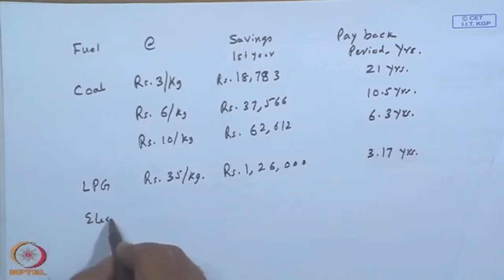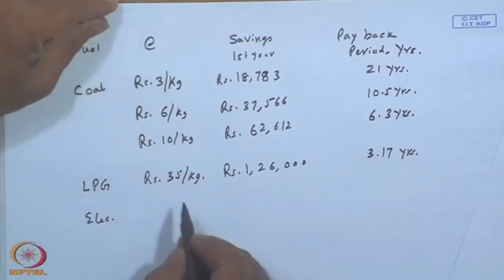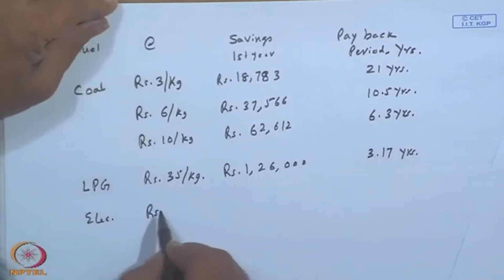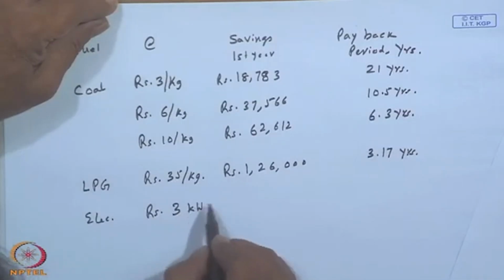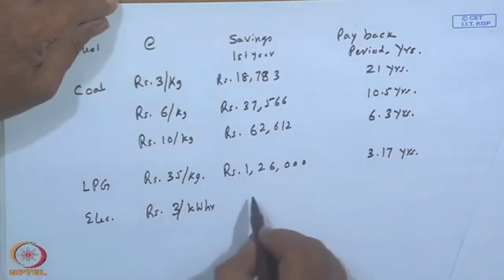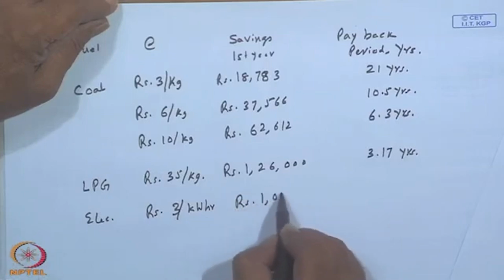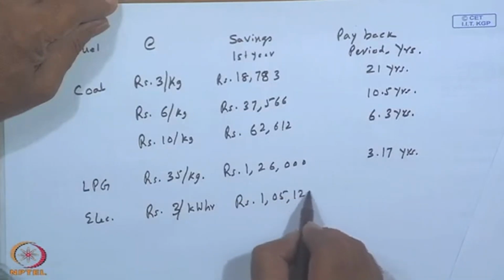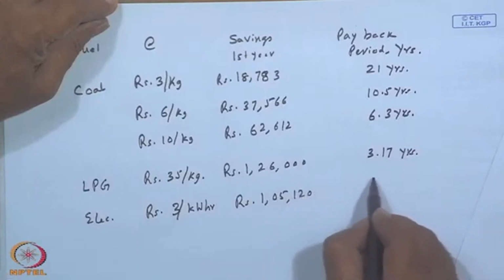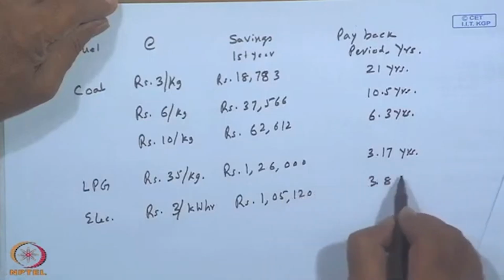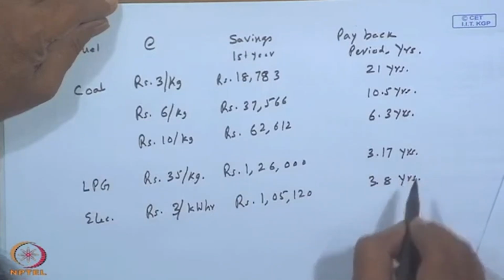Electricity, this is where we had a little bit of confusion. So, if you take the lowest spectrum, rupees 3 per kilowatt hour, this comes to Rs 105,120, that comes to 3.8 years.